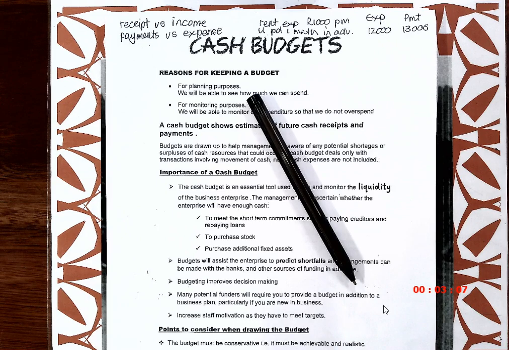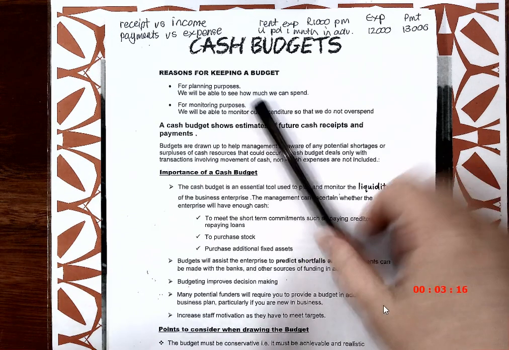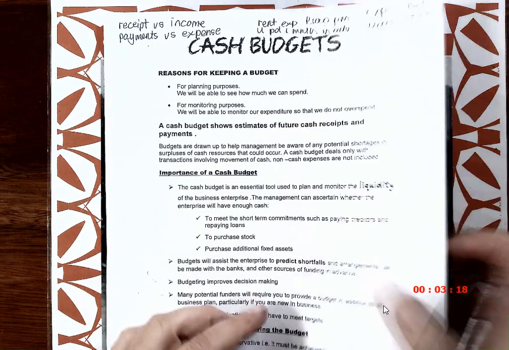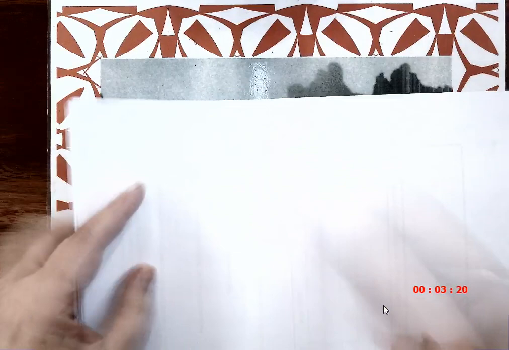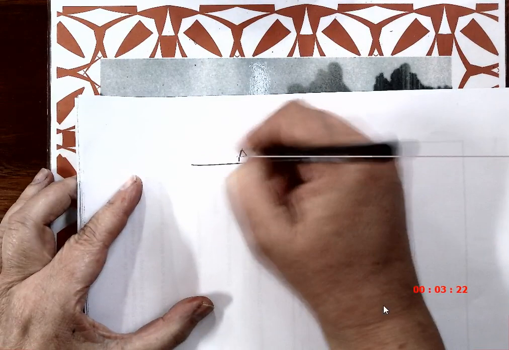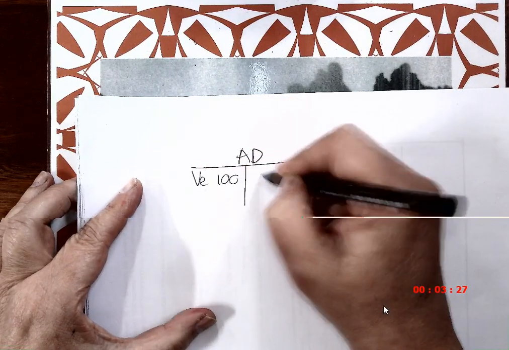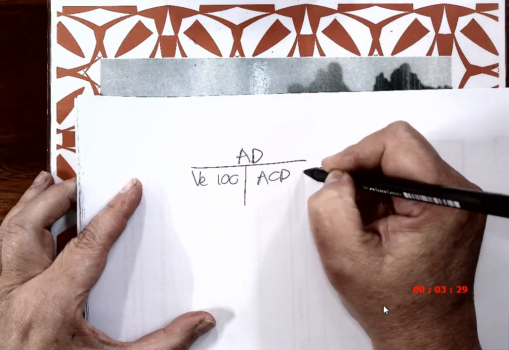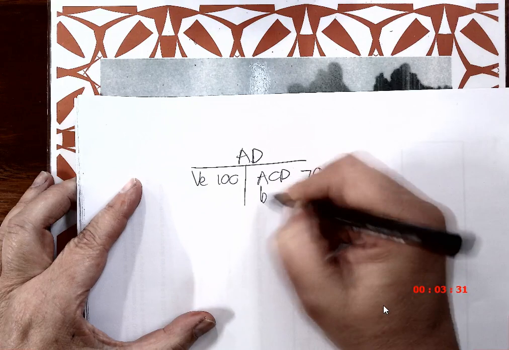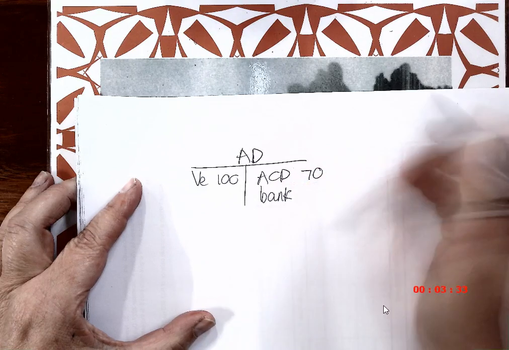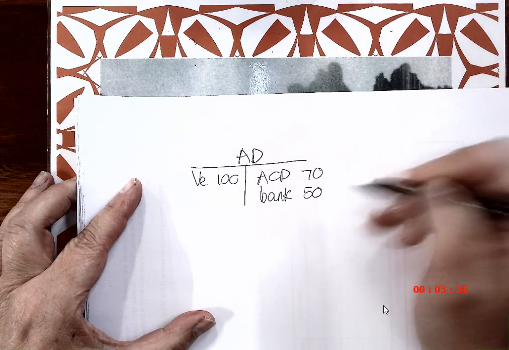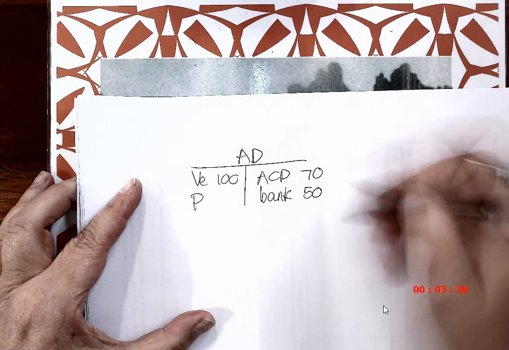Another one. Loss on the sale of an asset. It's an expense, it's not a payment. So in other words, if I gave you an asset disposal, and I say here this was vehicles 100, accumulated depreciation 70, bank 50, and then I made a profit of 20.